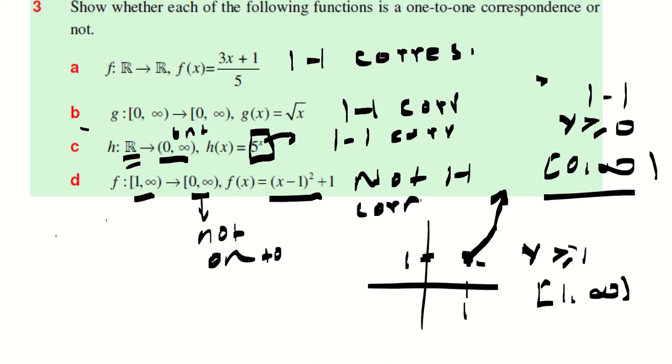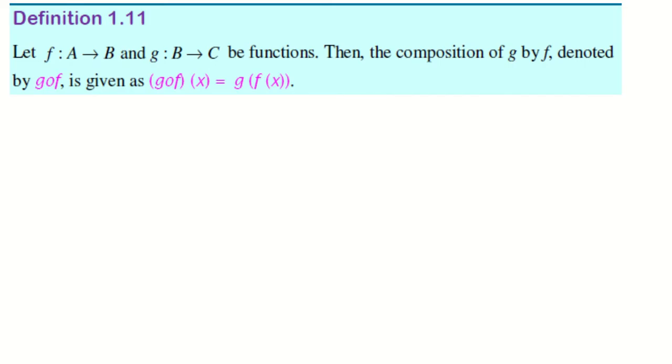Let's continue to today's lesson, that is composition. What does composition mean? Let's see the definition. Say there is a function f from A to B and a function g from B to C. The composition of g by f is denoted by g∘f. g∘f means the composition of g by f.